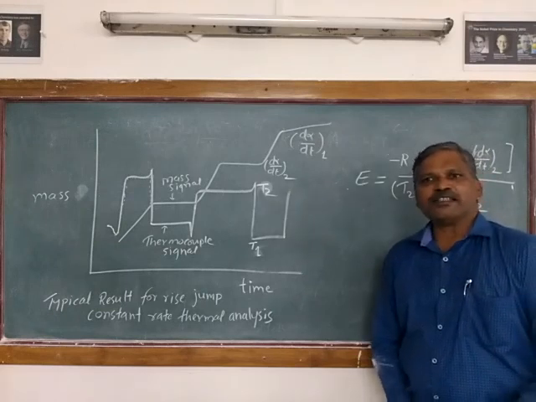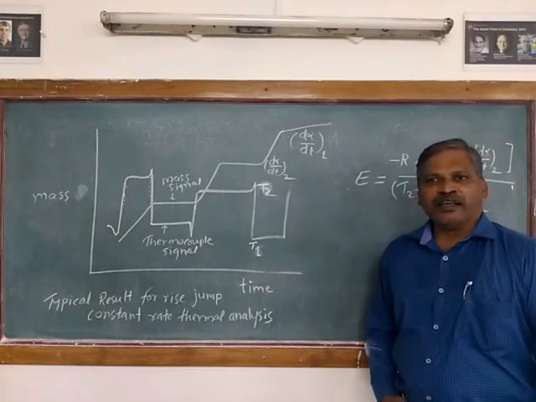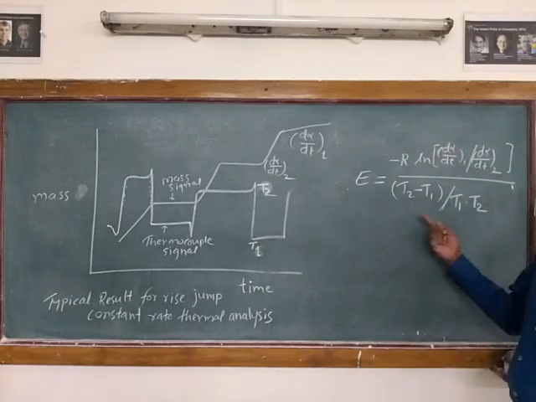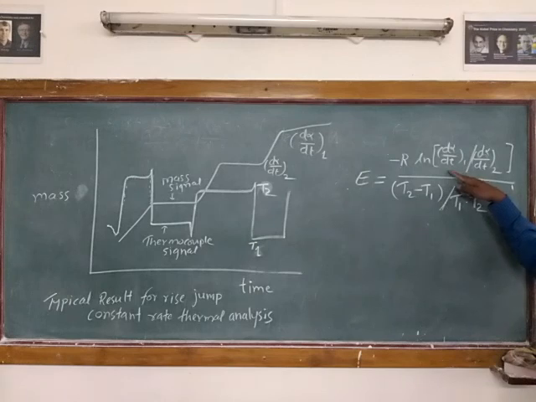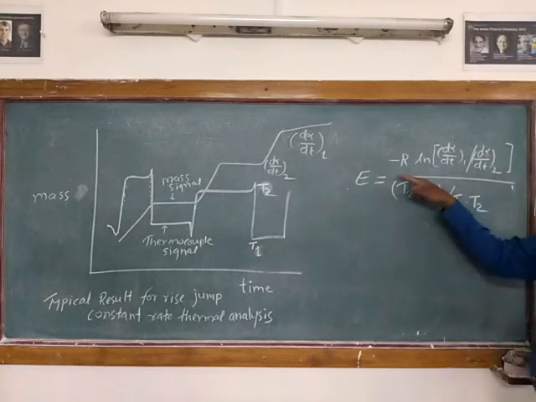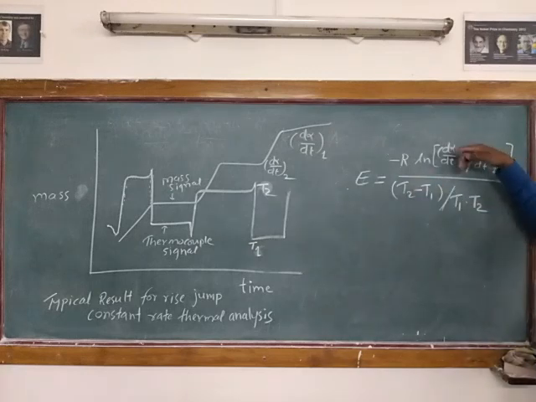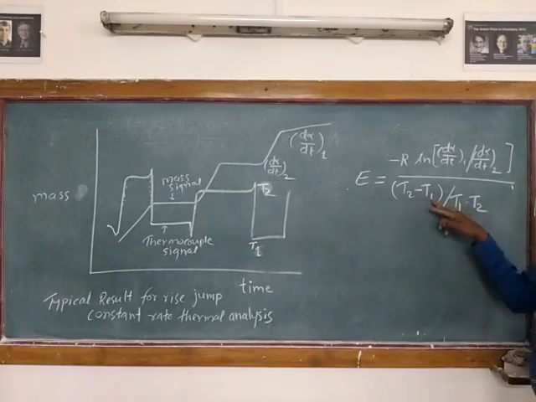Then the energy is given by this equation: E is equal to minus R ln of d alpha by dt at temperature 1 divided by d alpha by dt at temperature 2, in the numerator, and in the denominator, T2 minus T1 divided by T1 into T2.